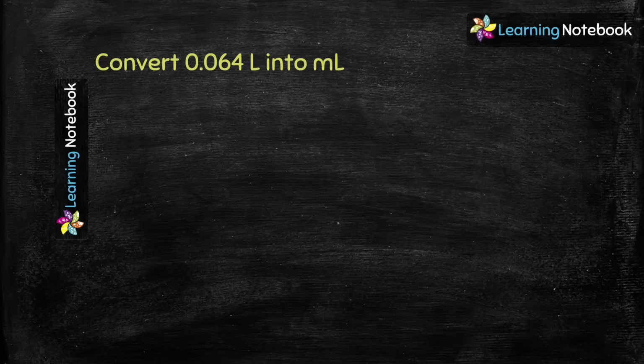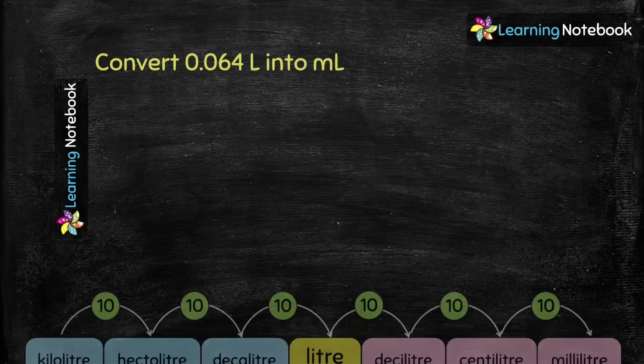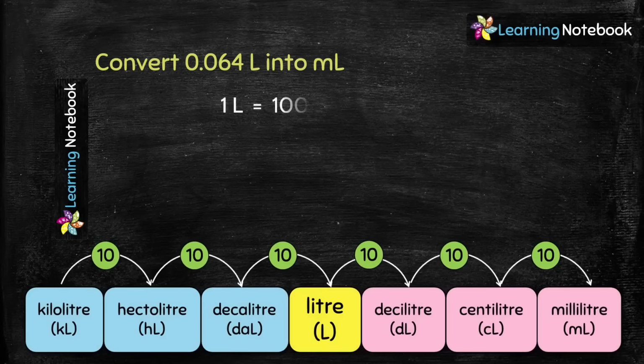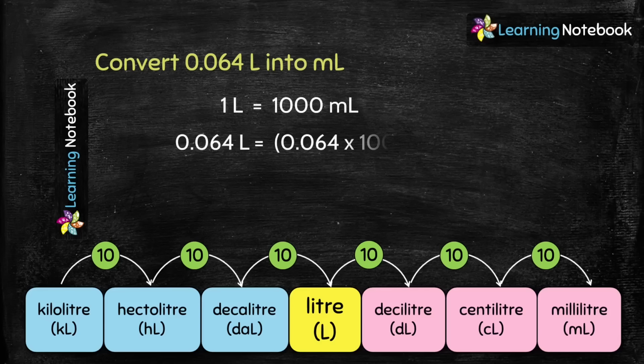Let's see the next question. Convert 0.064 liters into milliliters. Again students, as we know, 1 liter equals 1000 milliliters. So 0.064 liter would also be equal to 0.064 multiplied by 1000.